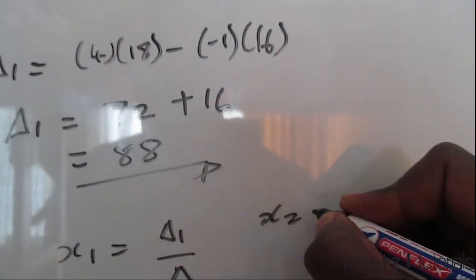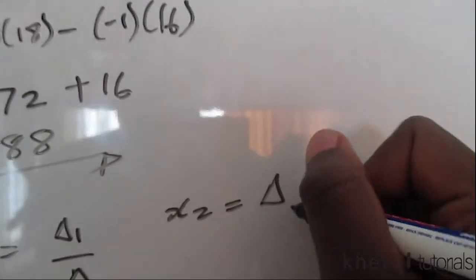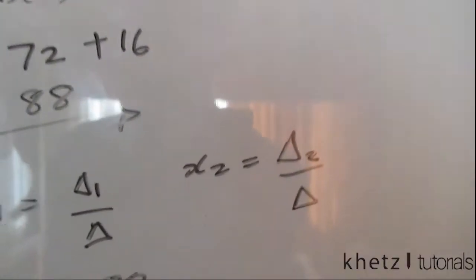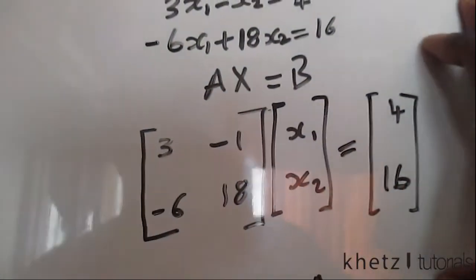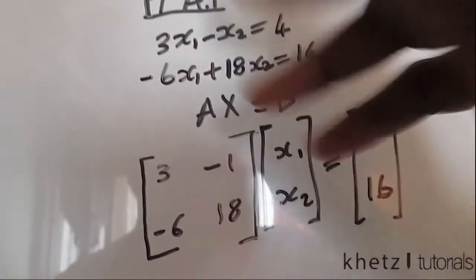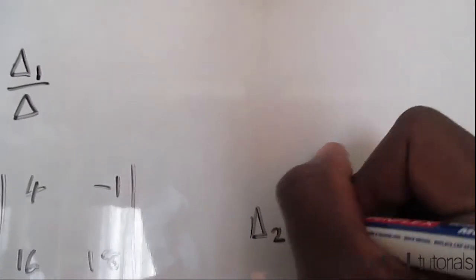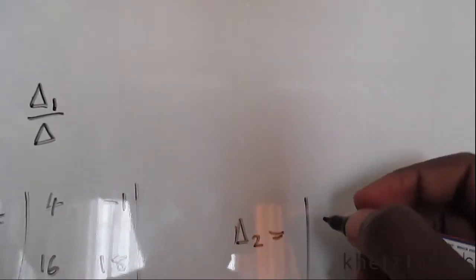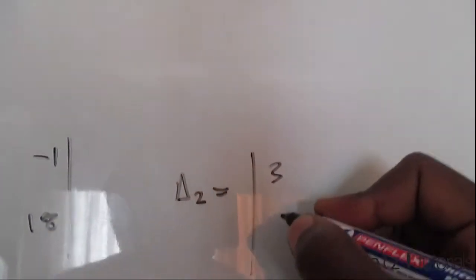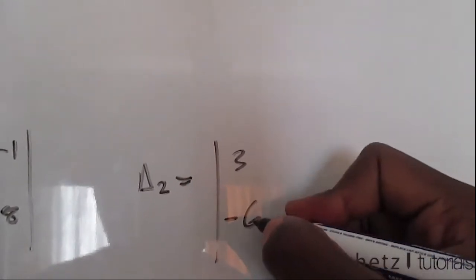And now finally, we move on to find x2. So x2 is equal to delta sub 2 divided by delta. Delta sub 2 simply means we move the B matrix to the second column and leave the first column as it is from the A matrix.